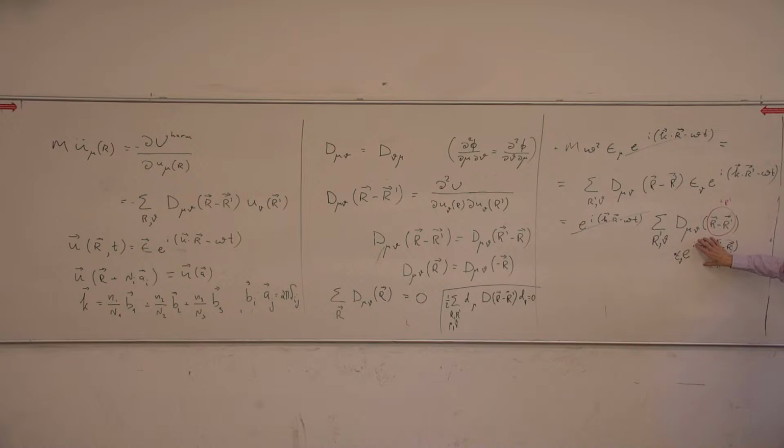E to the power ikr of some function of r, summation over all. It's a Fourier transform. It's a Fourier transform of a matrix. Good.